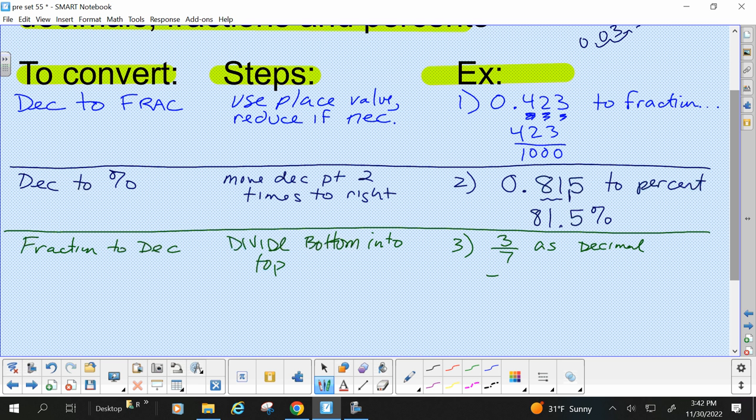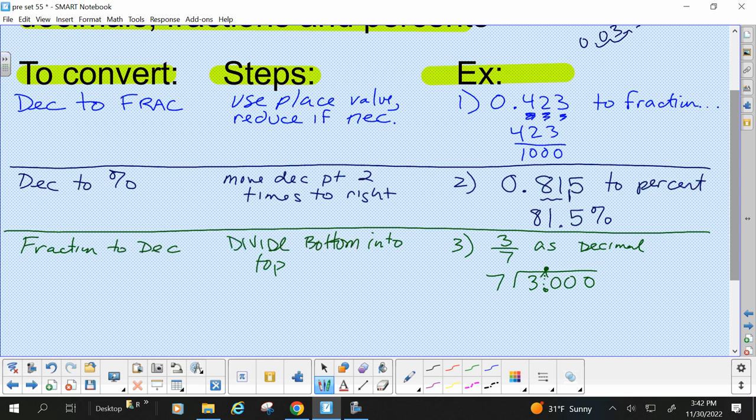So if I take 7 into 3, I will obviously have to put a decimal point behind the 3 and some zeros. And then for my answer, I'll put the decimal point directly above where that decimal point is in the box.